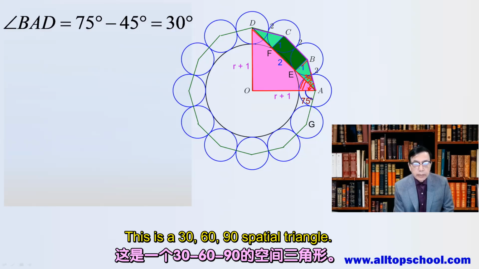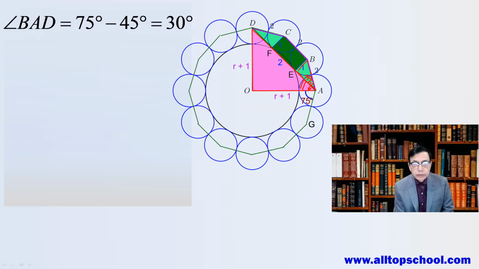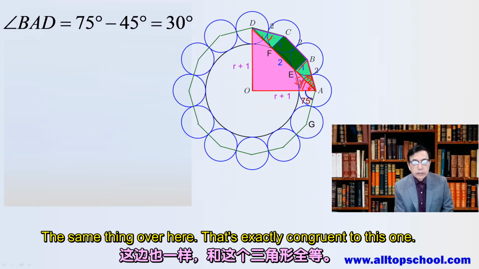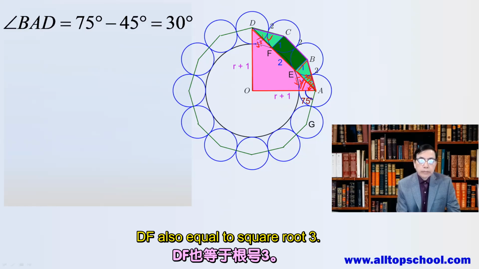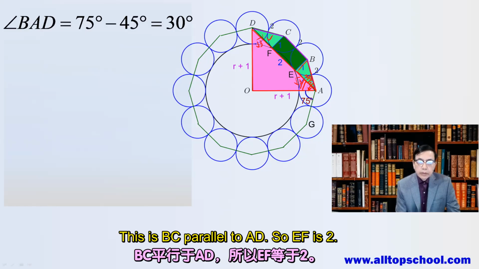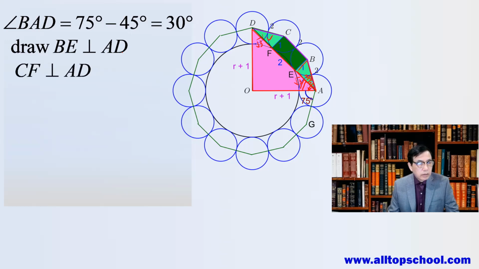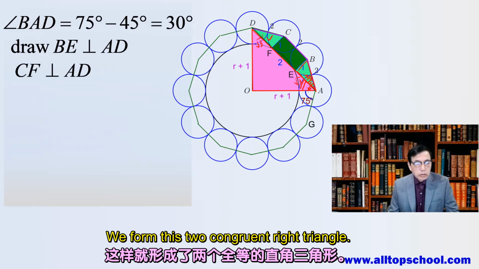This is a 30, 60, 90 special triangle where the shorter leg is 1 and the hypotenuse is 2, so we get AE equal to square root of 3. The same thing over here, exactly congruent to this one: DF is also equal to square root of 3. BC is parallel to AD, so EF is 2. Basically we draw BE and CF perpendicular to AD, forming these two congruent right triangles.